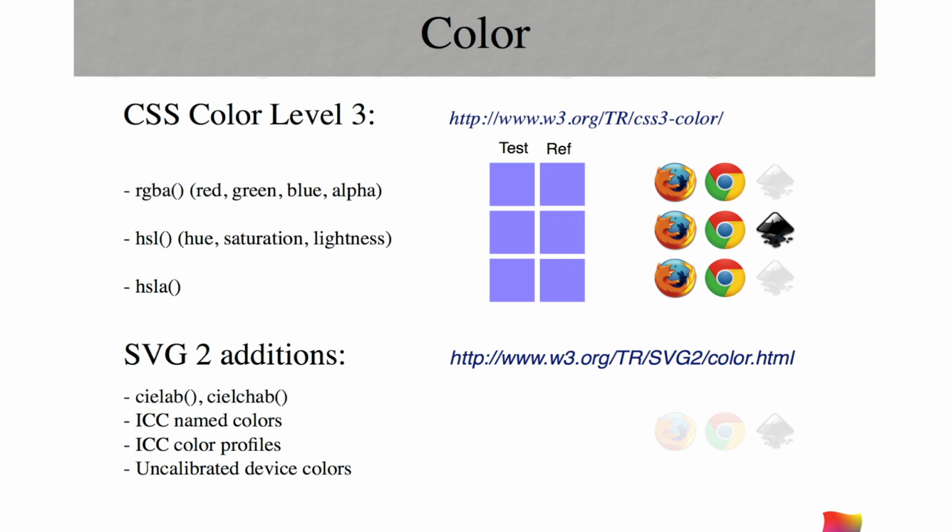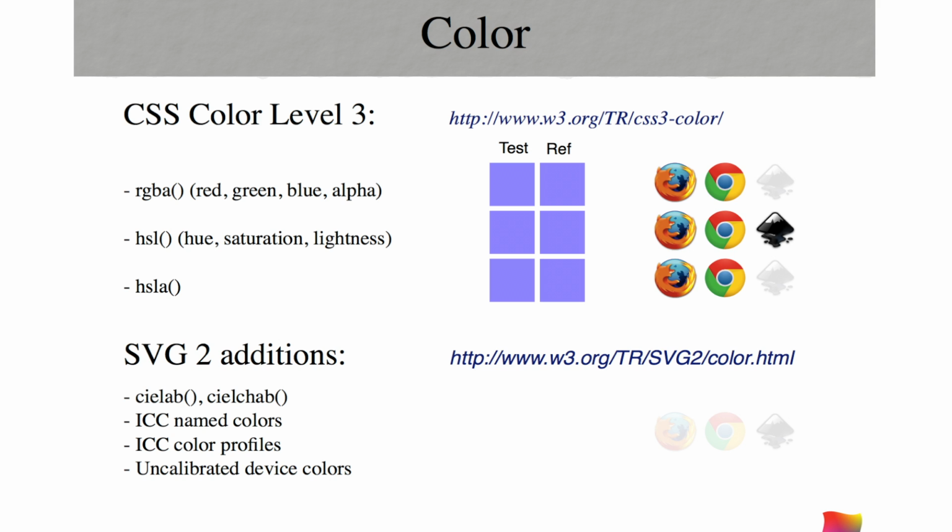CSS color level 3, it's already a recommendation, and it's already been implemented in the browsers. So you see the blue squares there. There's a test square on the left and a reference square, what it's supposed to look like, on the right. And you see I'm using Firefox nightly, and you can see it displays the blue like it's supposed to.